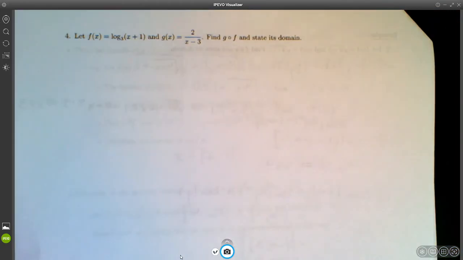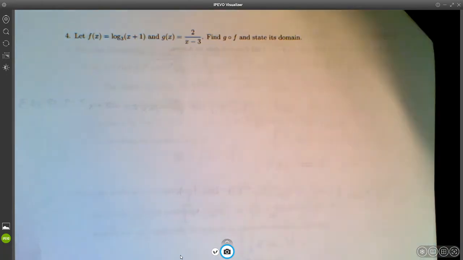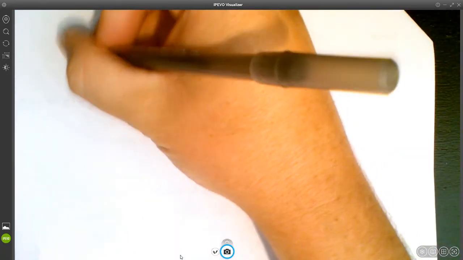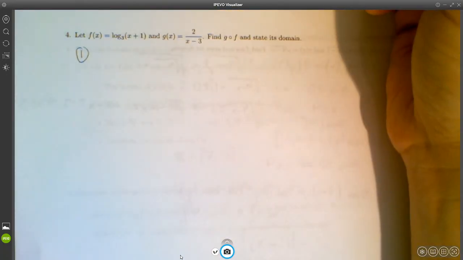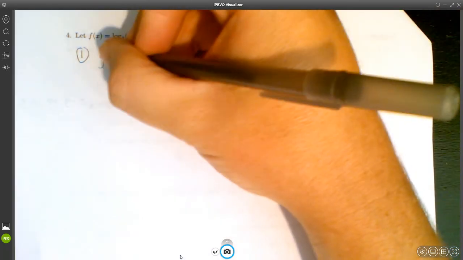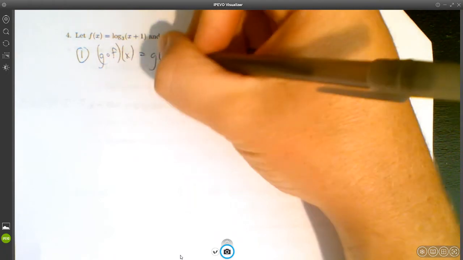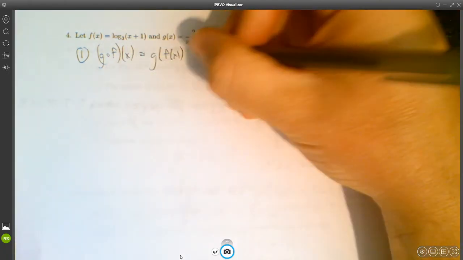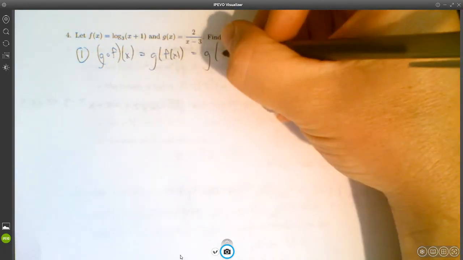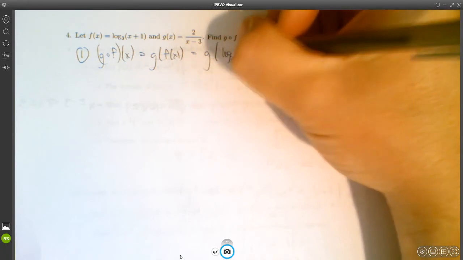So for example 4, we've got f of x is log base 3 of x plus 1, and g of x is 2 over x minus 3. So let's find g of f and state its domain. First of all, g of f is g of f of x, so that's g of log base 3 of x plus 1.